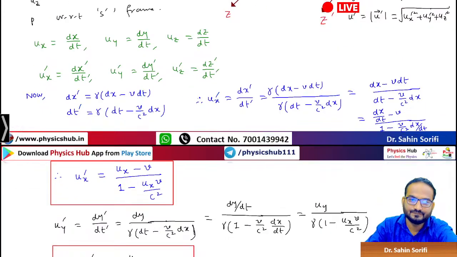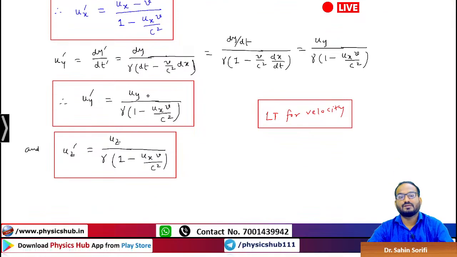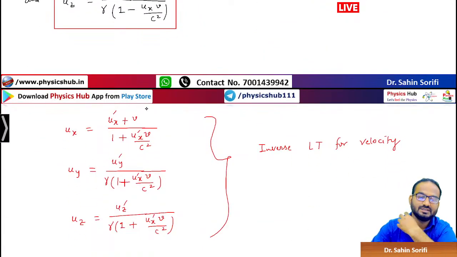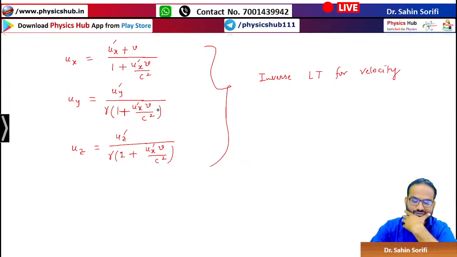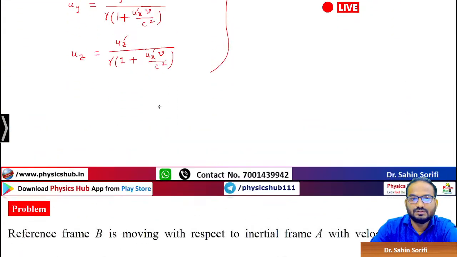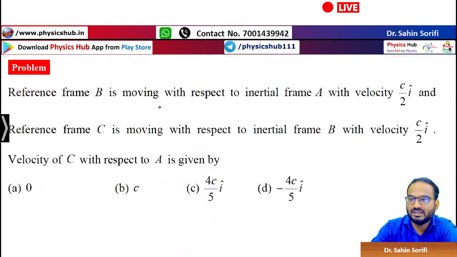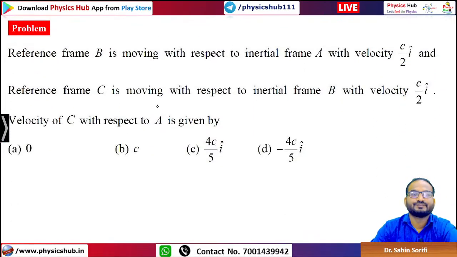Okay, then we move forward. So mainly the first formula is mostly used. ux prime is equal to ux minus v divided by 1 minus ux v by c square, and this formula, ux prime plus v by 1 plus ux prime into v by c square. So you should have the capability to understand what those quantities are. Then you can use the transformation rule and you are good to go.